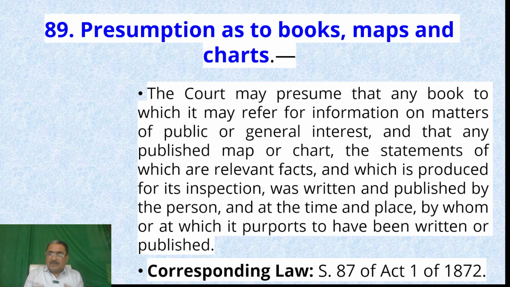When something is published, it gives some guarantee, because anything published is always available for criticism. Had there been some mistake, someone could have pointed it out. Accordingly, the law says the court may presume that any book to which it may refer for information on matters of public or general interest, and any published map or chart, the statements of which are relevant facts and which is produced for its inspection, was written and published by the persons, at the time and place, by whom or at which it purports to have been written or published.